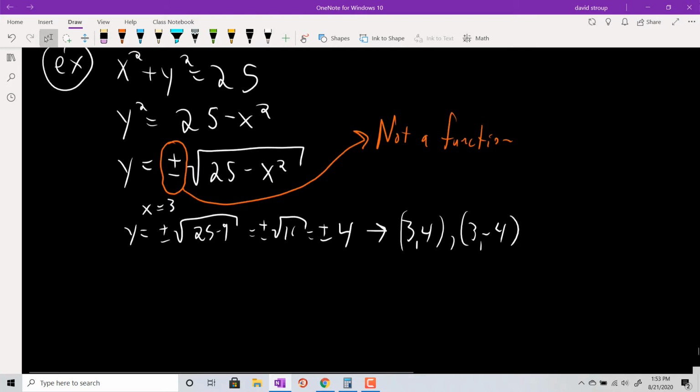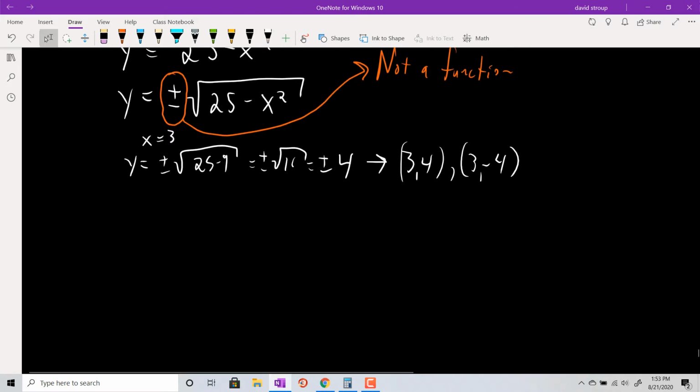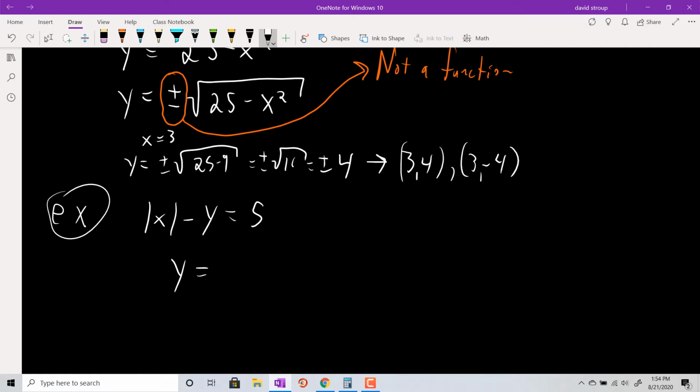For something like an absolute value version, you're usually okay. Absolute value of x minus y is 5. Add y to the other side, subtract 5, and this is a function.